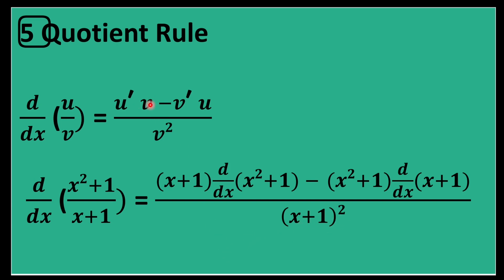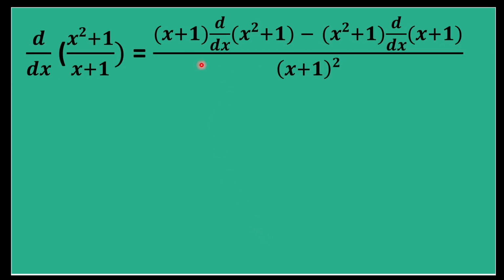So x plus 1 is squared in the denominator. Then v is as such, so we will keep v as such and differentiate u, minus differentiation of v and we keep u as such, so x squared plus 1. This x plus 1 will remain in its place, and differentiation of x squared plus 1 will become 2x.